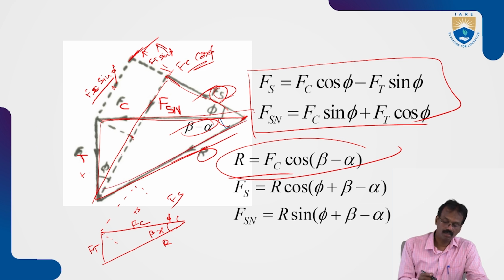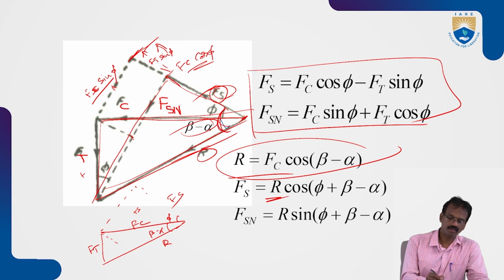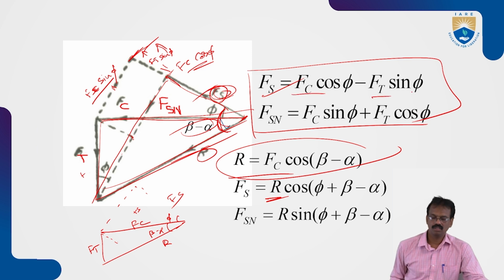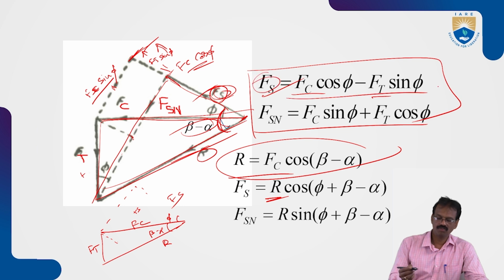So here Fs is equal to, by using the resultant, R into cos phi. Cos phi means for this total triangle angle you have to take phi plus beta minus alpha. So by using this triangle and this angle, you can find out the Fs also. So Fs has two formulas. If the cutting force and thrust force are given, then you can find Fs by this formula.